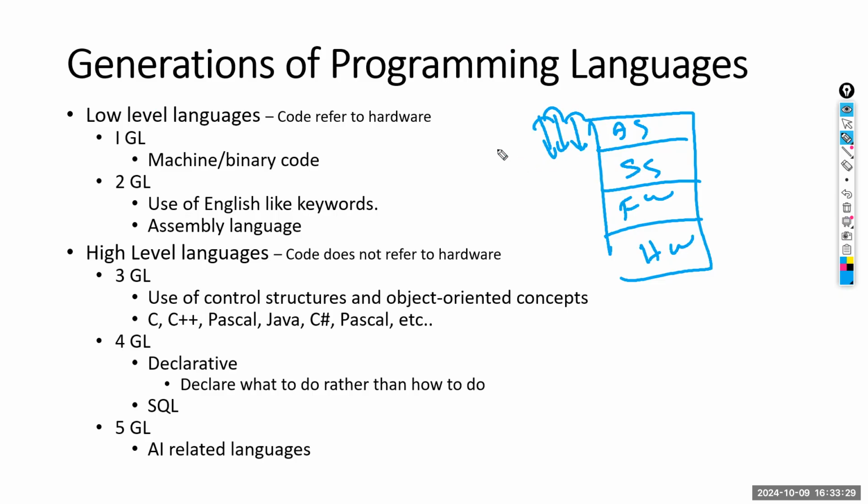When you write a Java program, Python program, C program, C Sharp, you are writing application software. Then you have the operating system, which is your main system software, then firmware and hardware. Data gets processed and presented back.